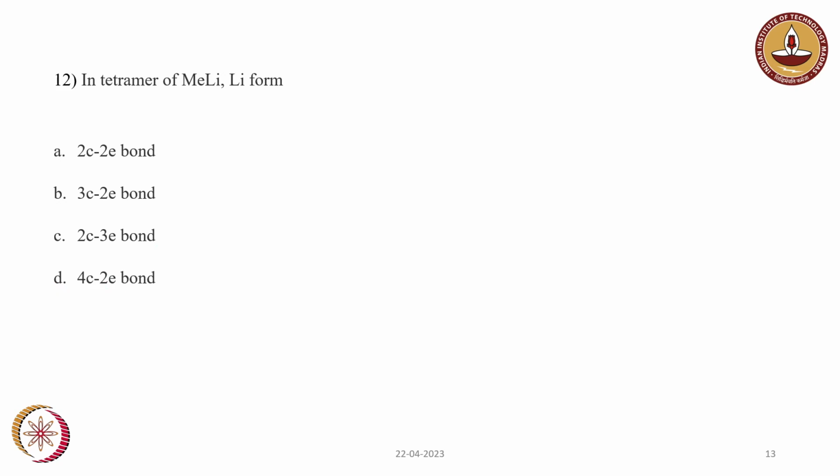So we are given the tetramer of methyl lithium. So we know the structure, MeLi four times. The structure is cubic, and lithium and methyl group occupy alternate corners.